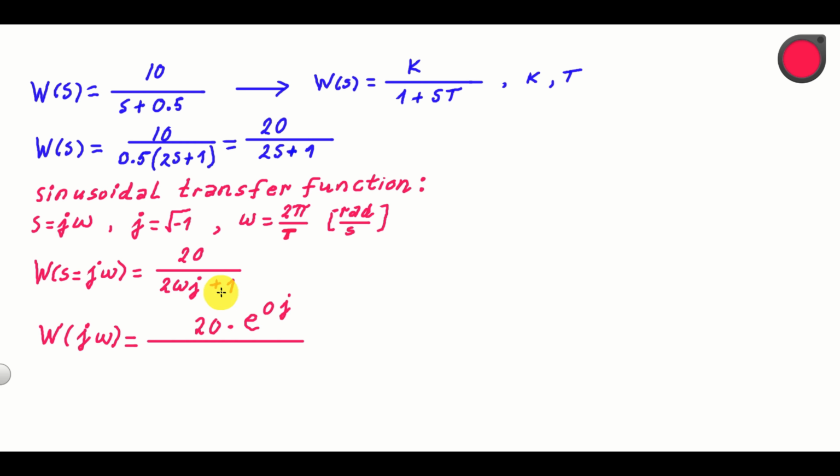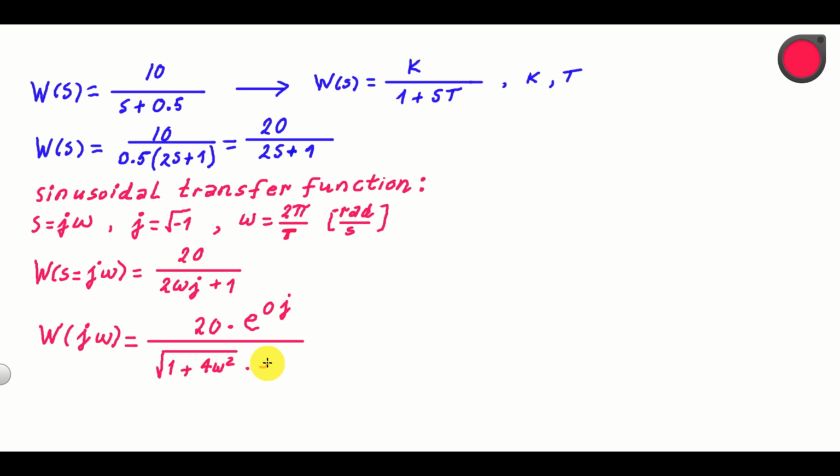Let's write this complex number in the denominator in the polar form. The magnitude, or the absolute value, is the square root of real part squared plus imaginary part squared. Real part is simply 1, squared means 1, and the imaginary part is 2 omega. If we compute the square of 2 omega, we will obtain 4 omega squared.